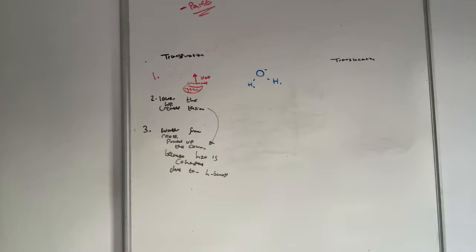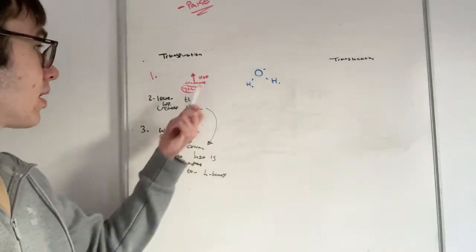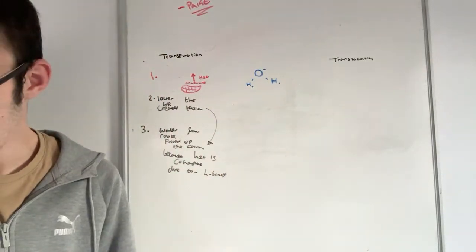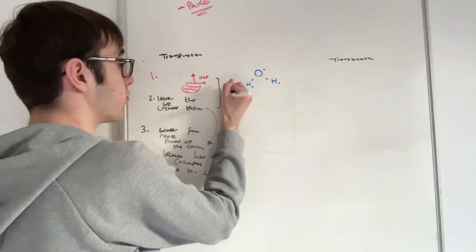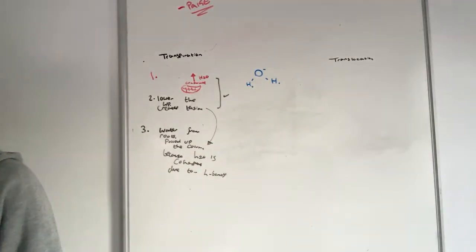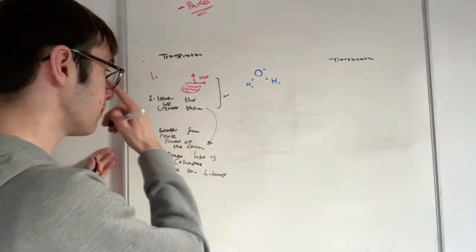So let me look at what I wrote down. I wrote that water in the leaf is evaporated, lowering the water potential. I mentioned that. So that will be 1 mark. This whole section here will be worth 1 mark. This creates tension, so water in the xylem is pulled up the column.